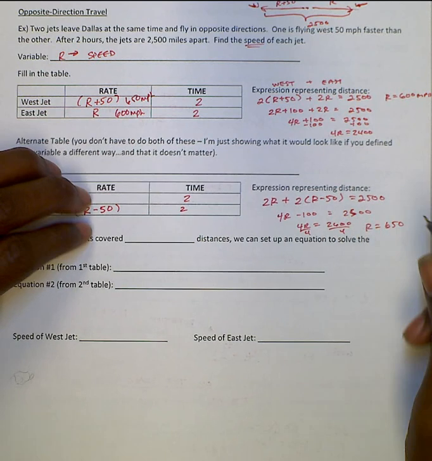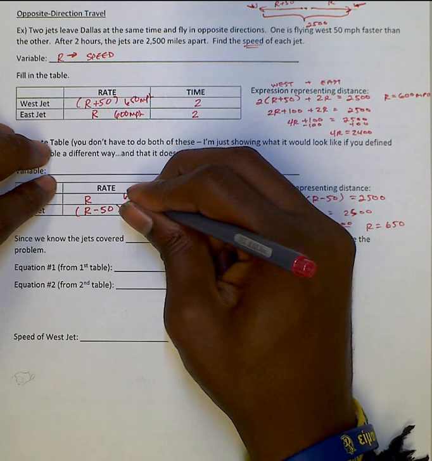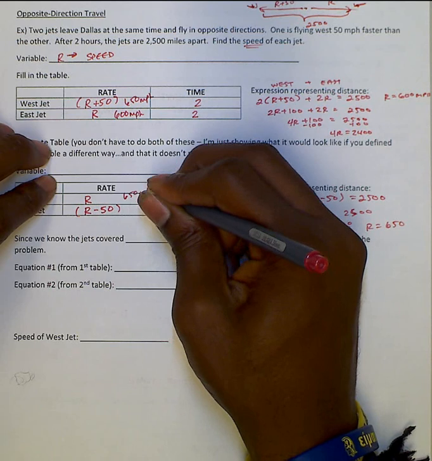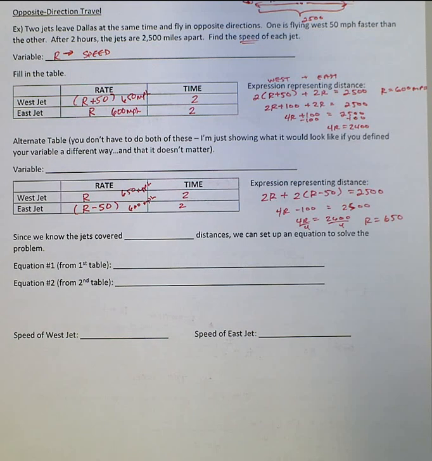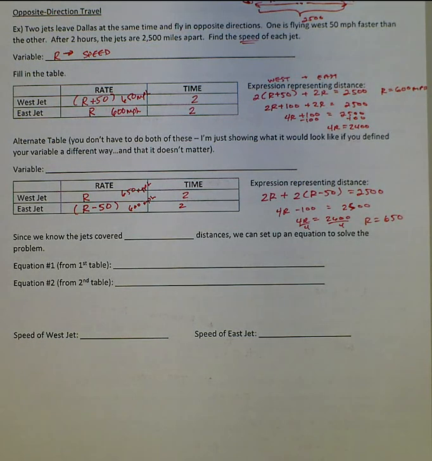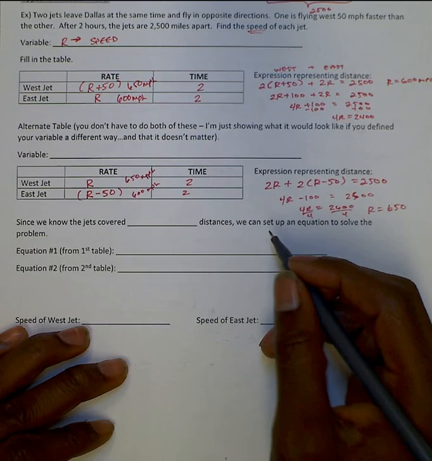Okay, which would have showed you that this plane goes 650 miles per hour, and this plane still goes 600 miles per hour. So even if you set it up differently, or you use the variables differently, you would have got the same answer.